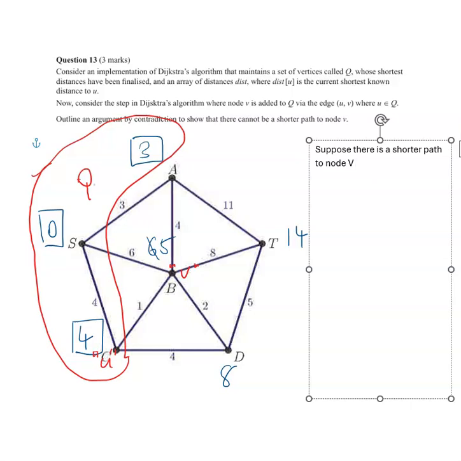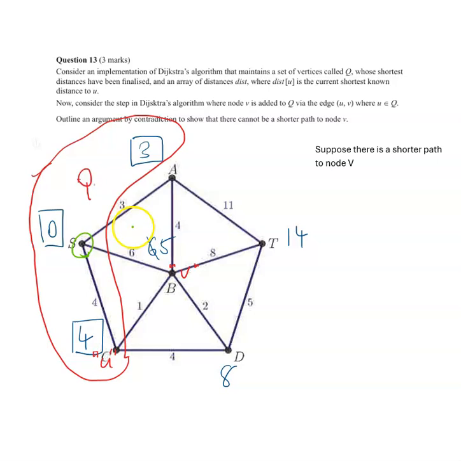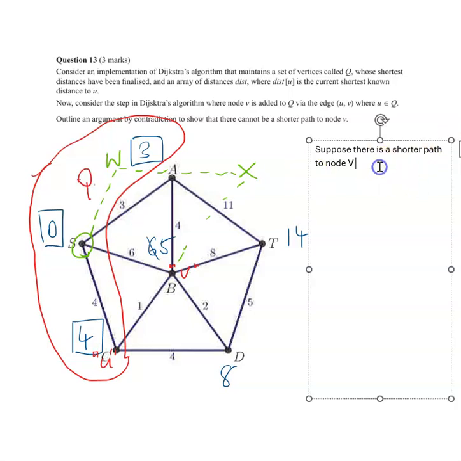So it would have to go from S. Let's do this in another color. So we go from S, some other vertex, let's say W, inside Q, and that would then go to another vertex on the outside here, and that would take us to V.